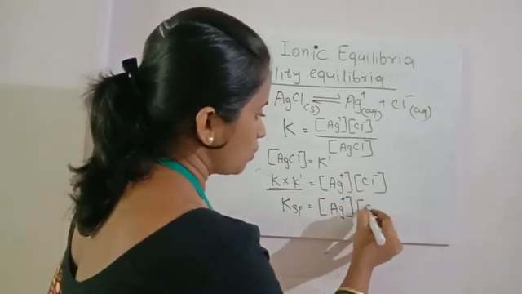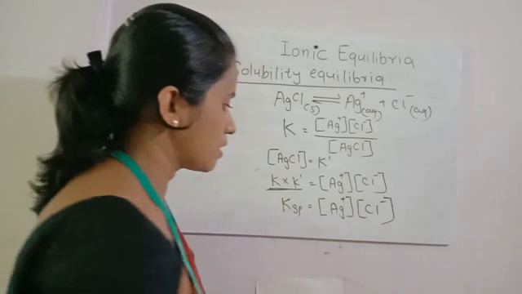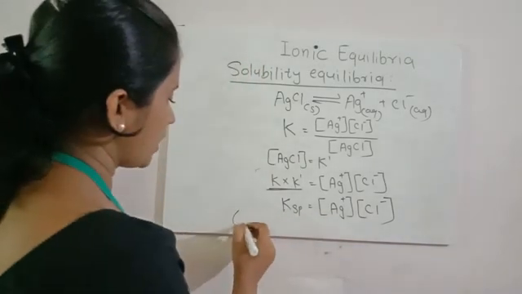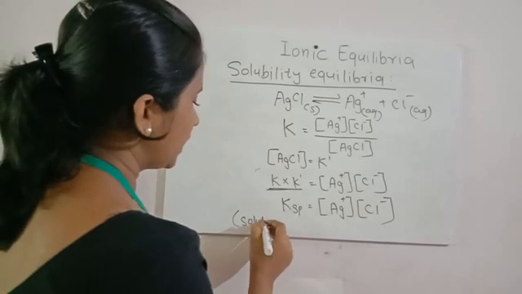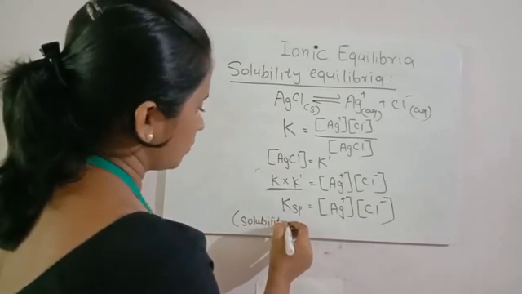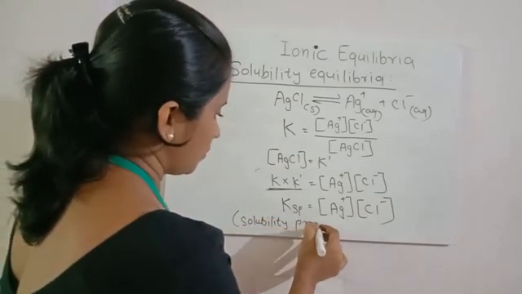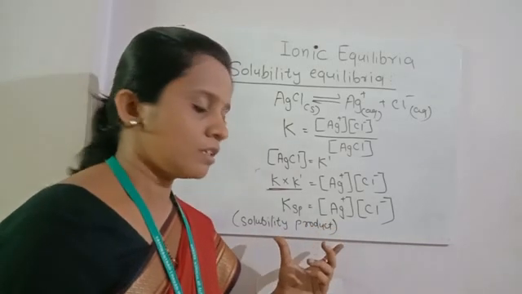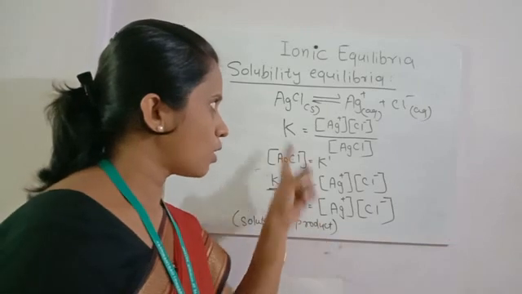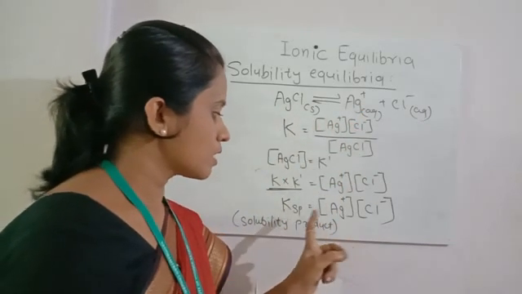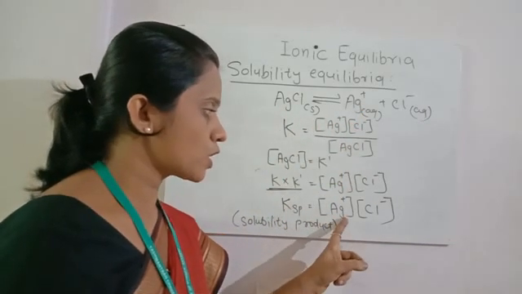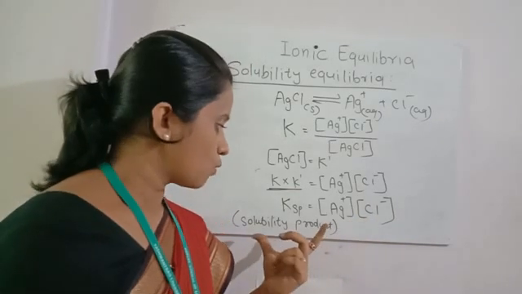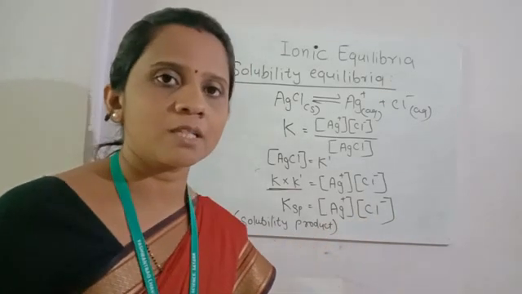Ksp equals Ag plus into Cl minus. So Ksp is called the solubility product. The solubility product of this equation is Ag plus concentration into Cl minus concentration. So what is the definition of solubility product?